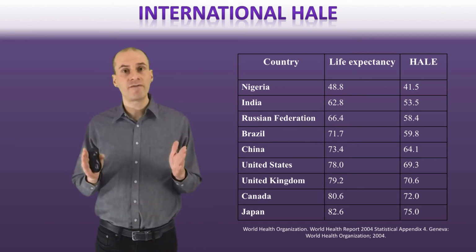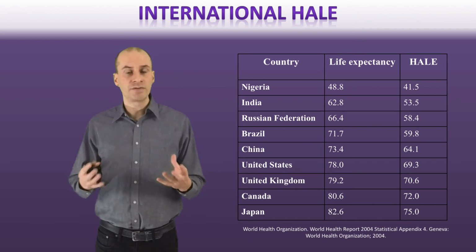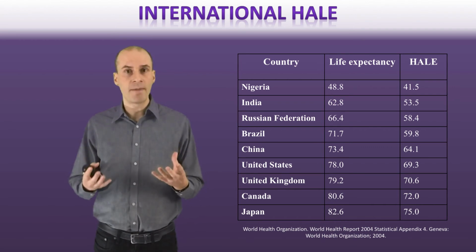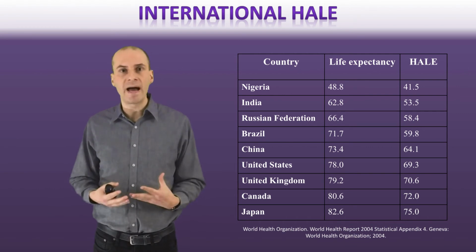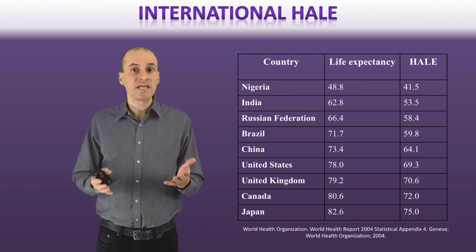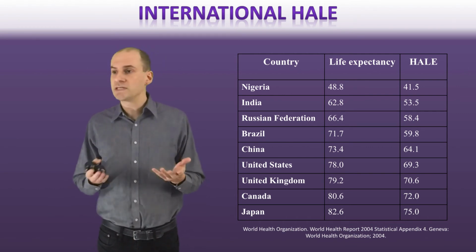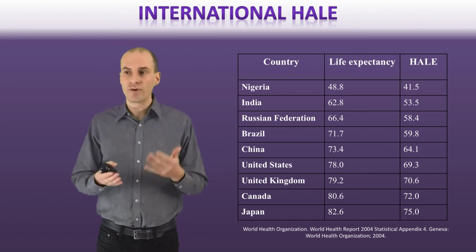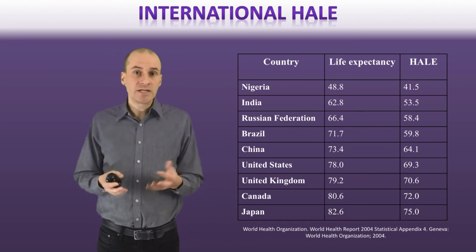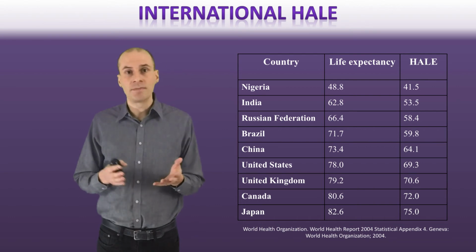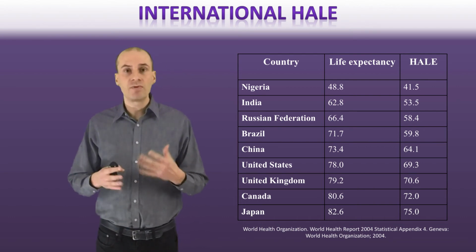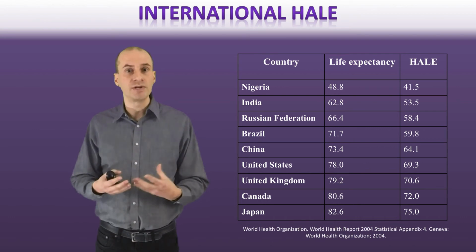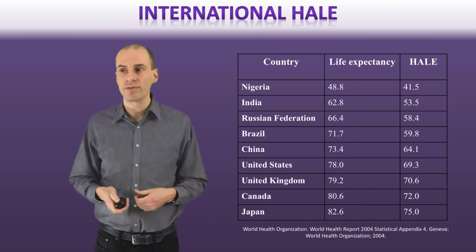If you see a larger difference, that means that on average, people in that population are experiencing more disability and health impacts throughout their lifespan, perhaps even if they're living longer. So across these different countries, it ranges from about 7 or 8 years up to as much as 12 or more years. So there can be real differences across countries in terms of how people are experiencing health.